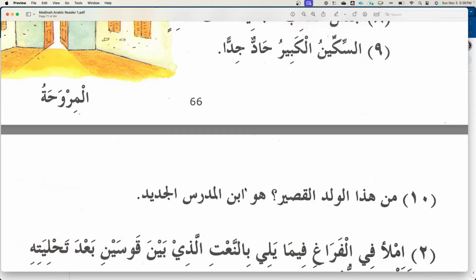So that's how you use alladhi. And alladhina is just the plural version of alladhi. You will talk about those people who, alladhina. That's when you say alladhina. And for the female, instead of alladhi, you will say allati. Just like tilka, zalika, tilka, just like alladhi, allati.